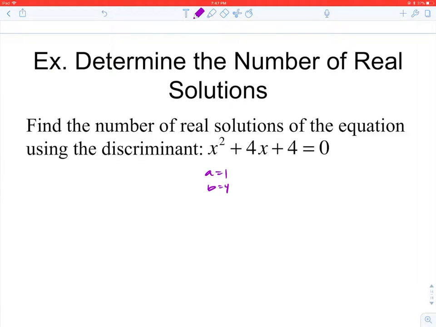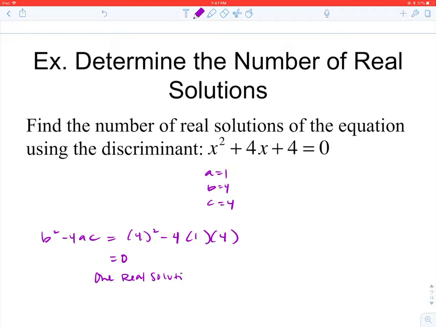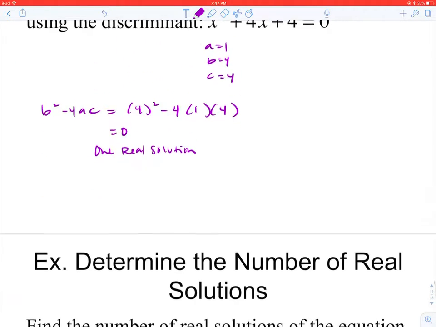Okay, and then this one, a is 1, b is 4, c is 4, so b squared minus 4ac. Okay, so we end up with 0 for the discriminant, which actually means one real solution.